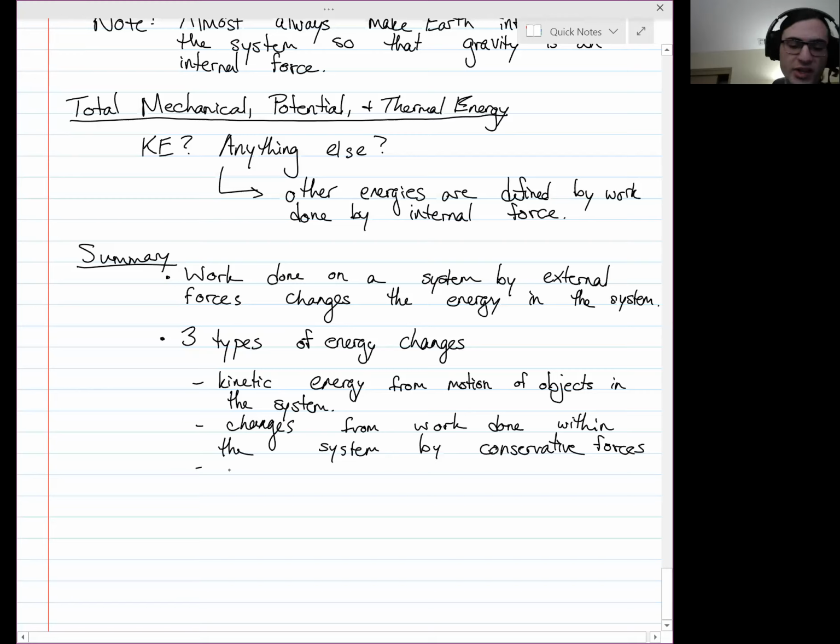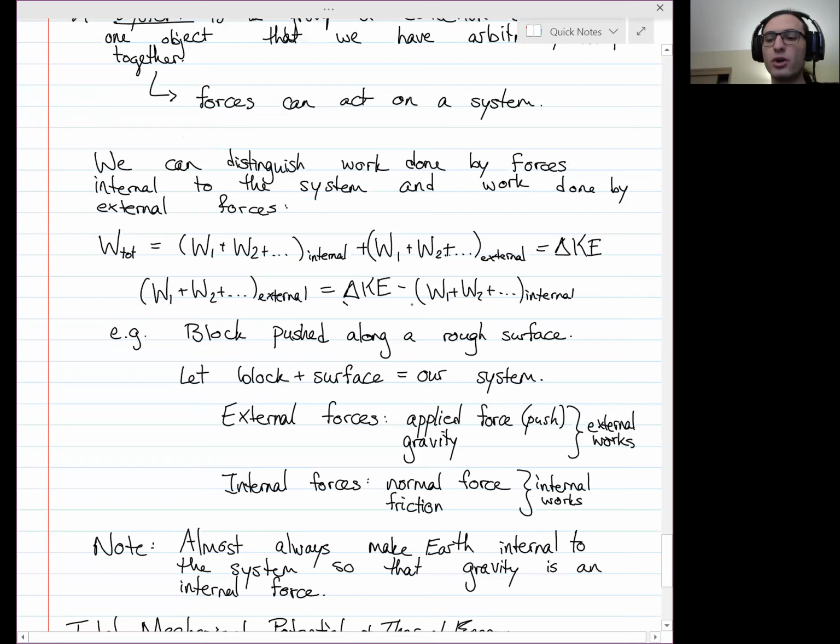And then same as above, but with non-conservative forces. So we had already broken up forces into conservative and non-conservative forces. And so we see that there are three different ways that we could decompose this right-hand side of this equation. It could be a change in kinetic energy, it could be a work done from conservative forces internally, or a work done from non-conservative forces internally.